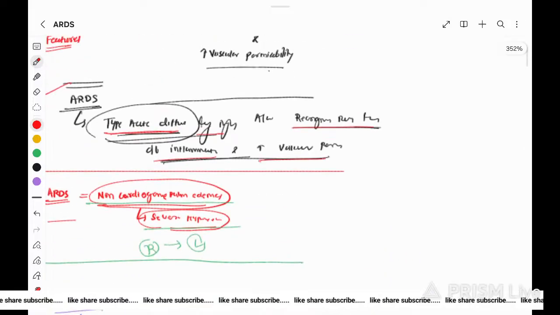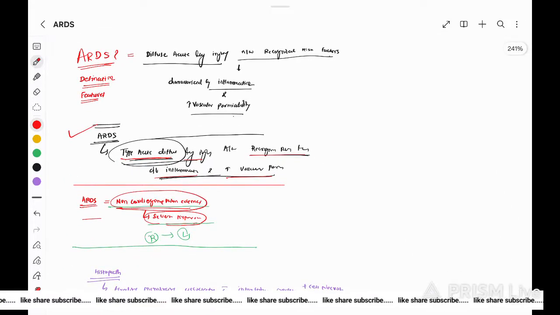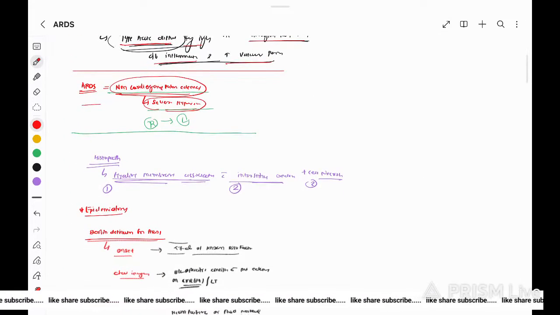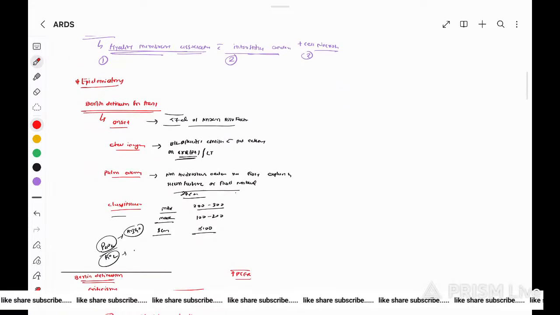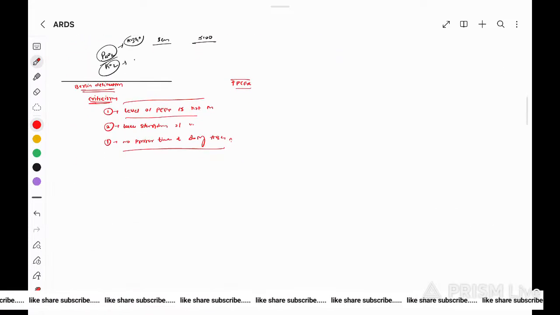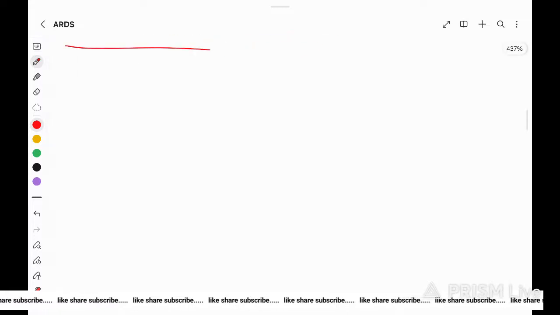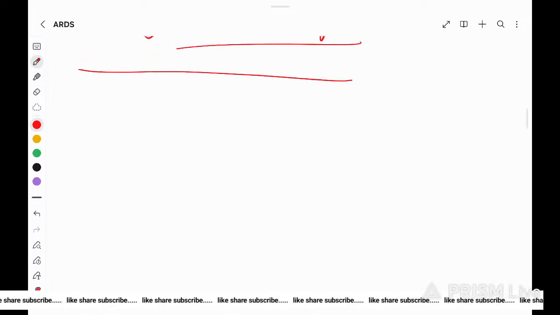Till now we have seen the definition of ARDS, what ARDS means in simple terms, the histopathology, and then the Berlin definition. After that we go towards the risk factors, disease progression and clinical features. First of all, clinical risk factors.